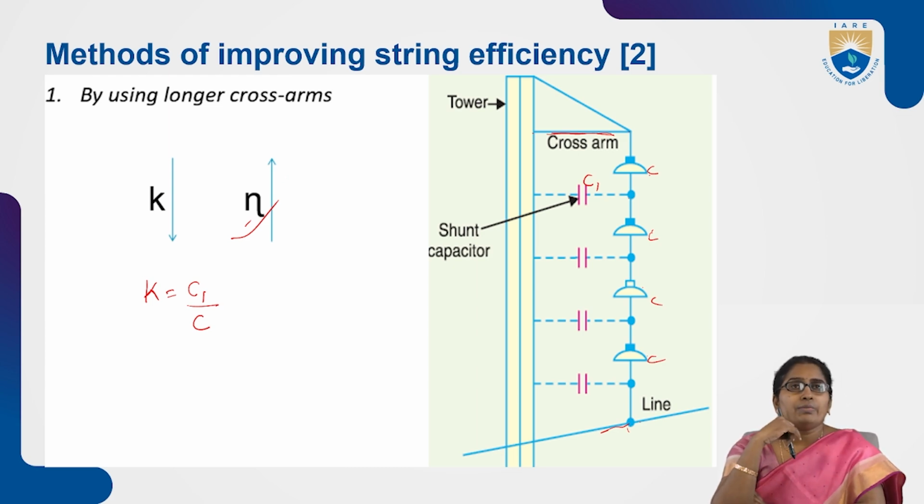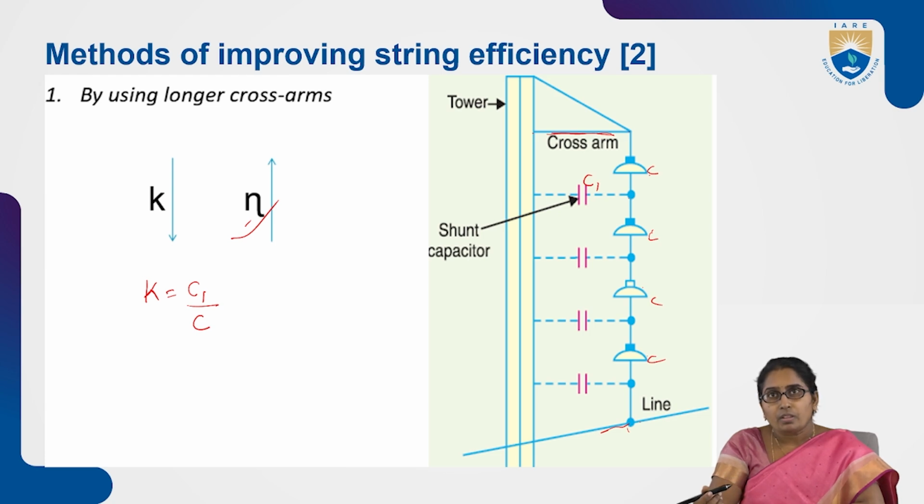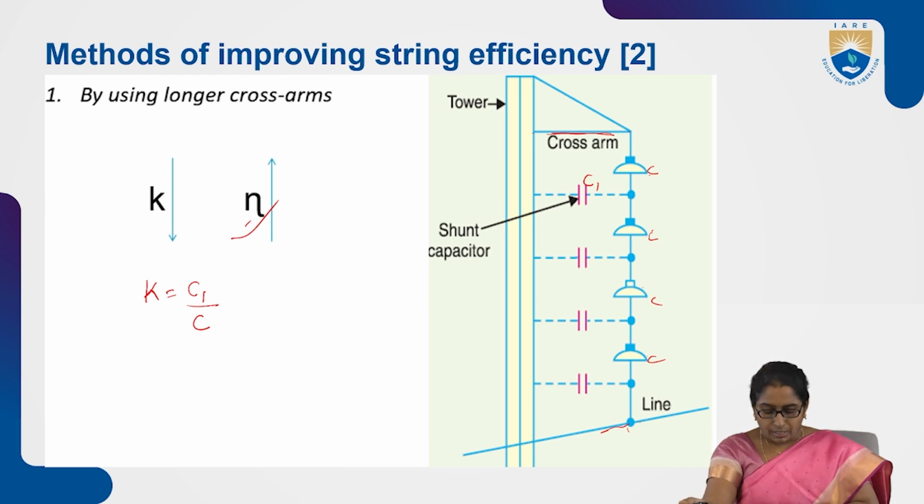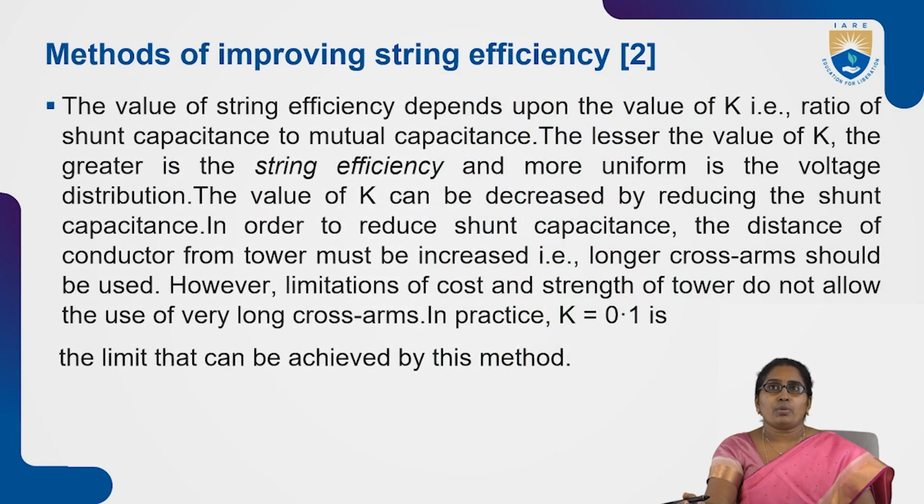So that is how the first method, using longer cross arms, gives uniform voltage distribution and finally improved efficiency. Whatever I explained is mentioned here.